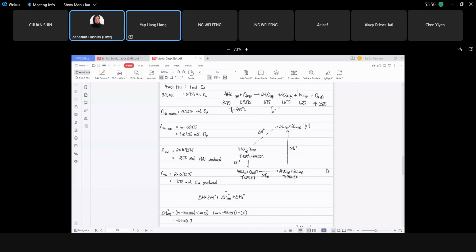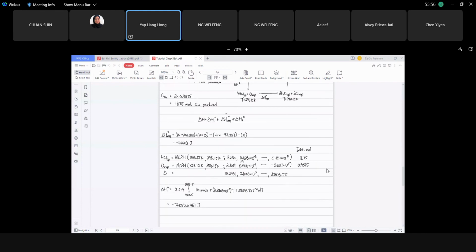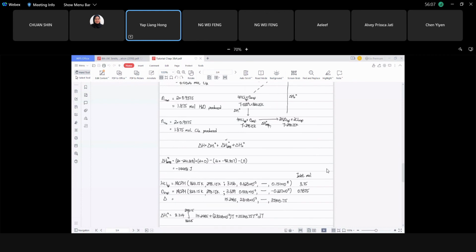I think your step is correct. Basically just need to draw this one and then go down. You need to find this one is MCPH with the D, not MCPH. Basically you need to find the formation at 298 for this one.